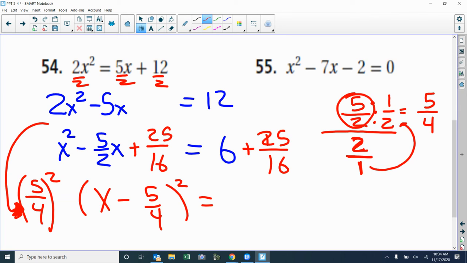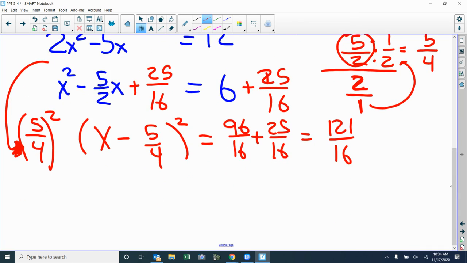Anybody got that number for me? 96. So this is gonna be 96 over 16 plus 25 over 16, which gives me 121 over 16 on that side. Hey, I like 121 and 16 on that side. How about you? Why do we like 121 and 16? Because they are perfect squares, okay?